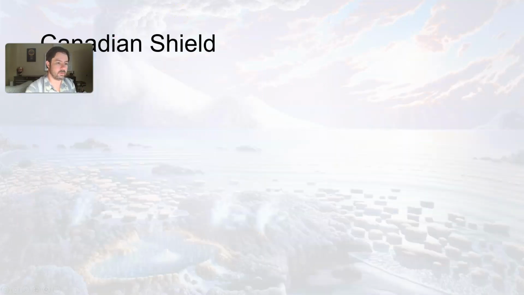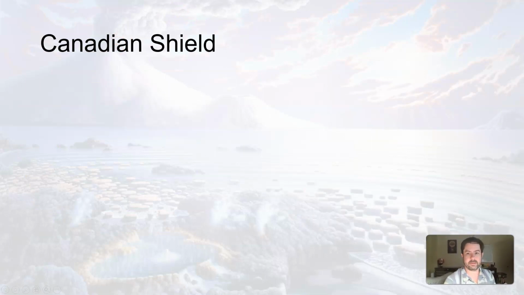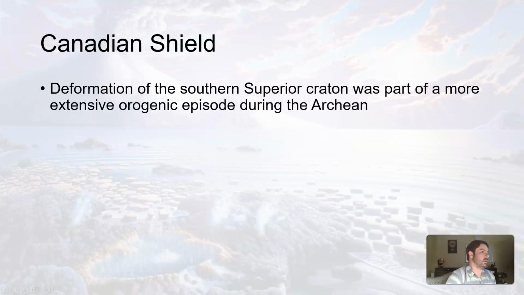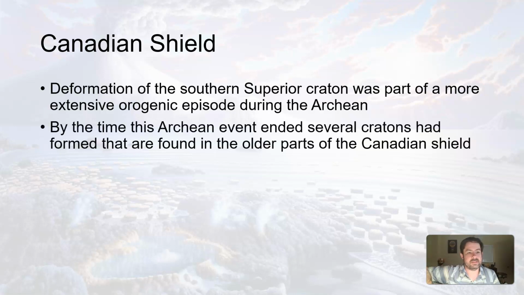All right, so can I put it back? The deformation of this southern Superior craton was part of a more extensive orogenic episode during the Archean. That's a mountain building event, an orogenic event. By the time this event ended, several other cratons in the area had formed that are also found in other parts of the Canadian Shield.